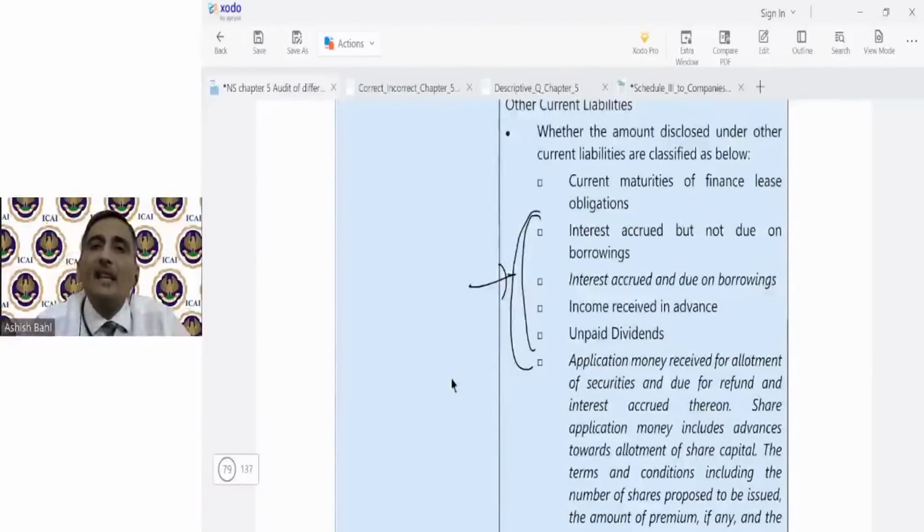So these all fall in other current liabilities, and these are to be disclosed in other current liabilities, and the auditor has to see whether the amount disclosed in the balance sheet is proper or not by following due procedures. Okay.